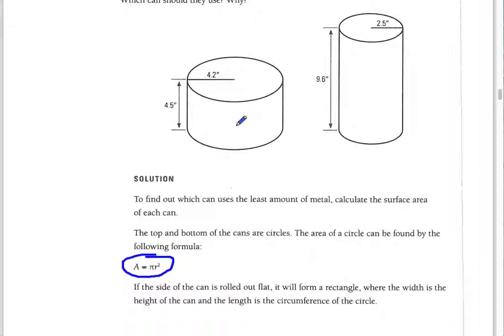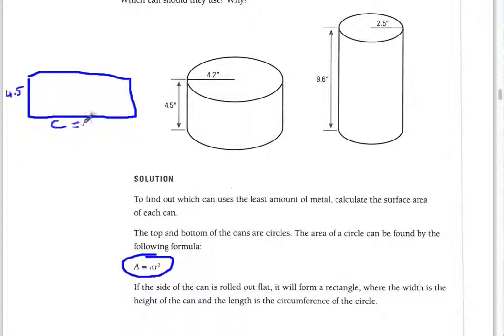What about the side of the can? Well, the side of the can, if you were to unroll this side into a flat sheet, it would be rectangular. Excuse my drawing, but this would be 4.5 inches, and this would be equivalent to the circumference of this circle.